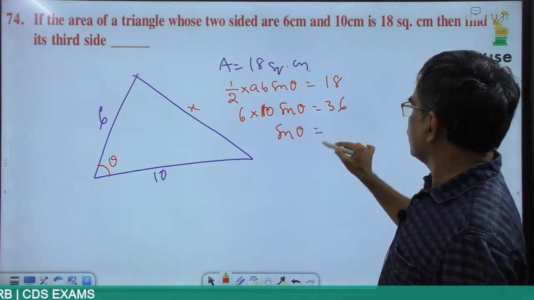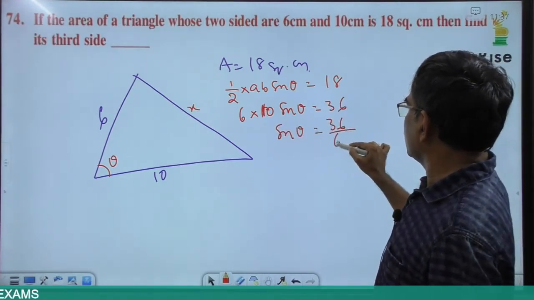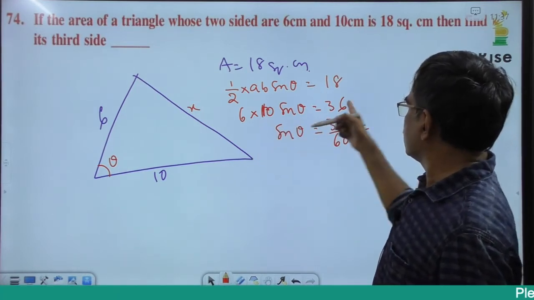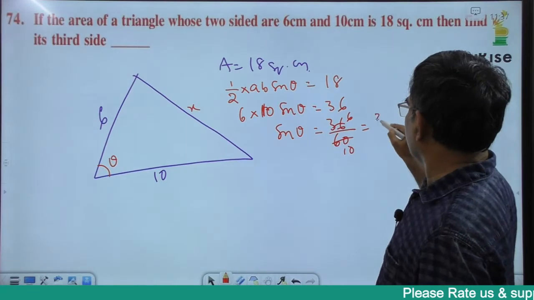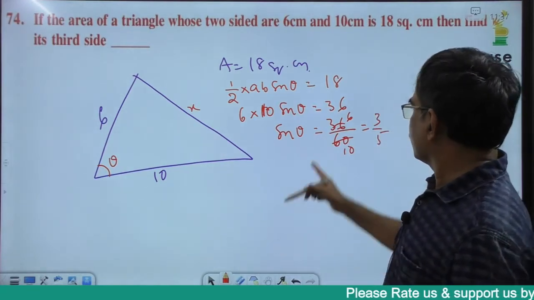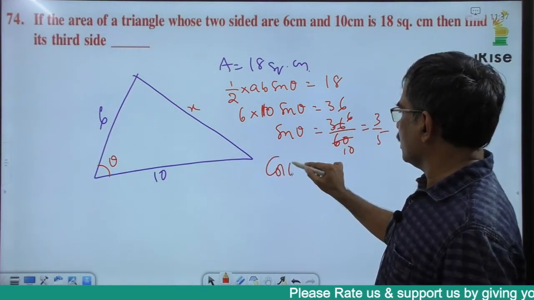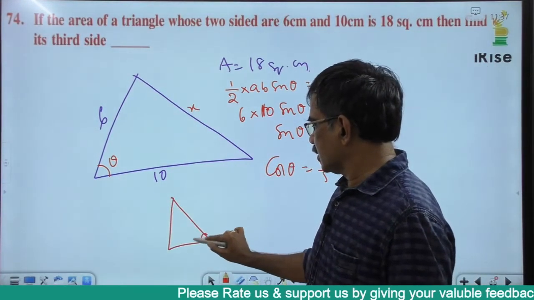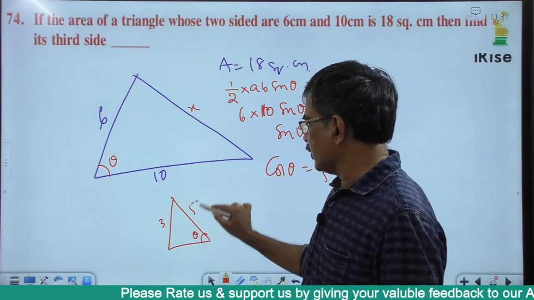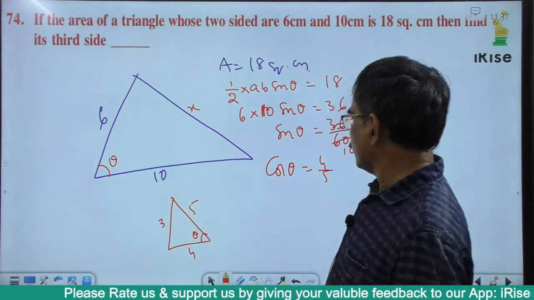So sin theta is equal to 36 by 60. 6 cancels with 6 tens, so 3 by 5. So sin theta is 3 by 5, correspondingly cos theta is equal to 4 by 5. If sin theta is 3 by 5, this side is 4, so cos theta is 4 by 5.